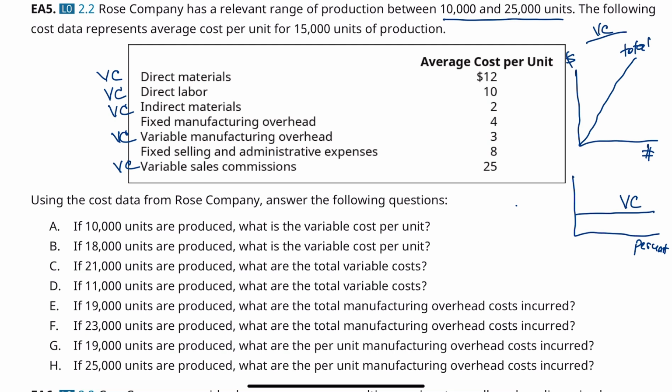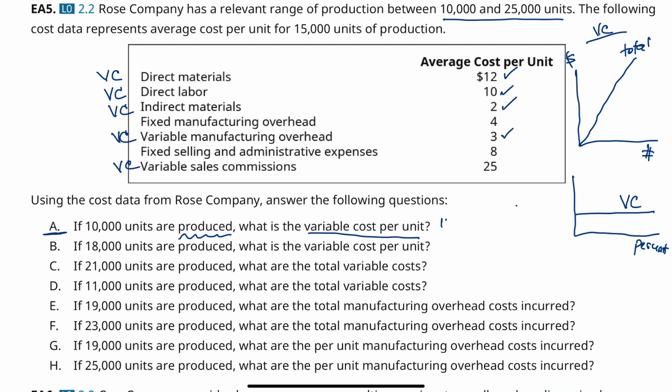So I hope that's somewhat understandable. And let's take a look at the examples that we have right here. With the first one, we have: if 10,000 units are produced, what is the variable cost per unit? All we have to do here, since the question is about produced items, is add up all of the variable costs that are relevant for production. So we have direct material, $12, direct labor, $10, indirect materials, $2, and variable manufacturing overhead, $3.